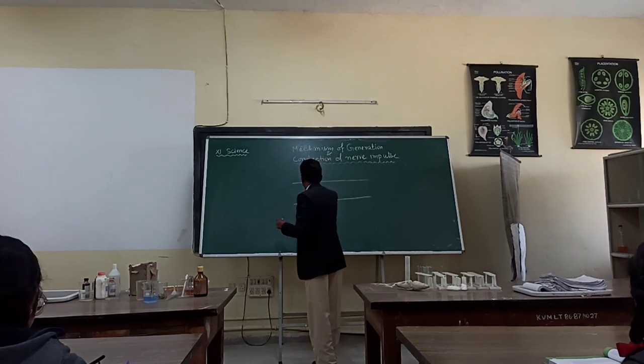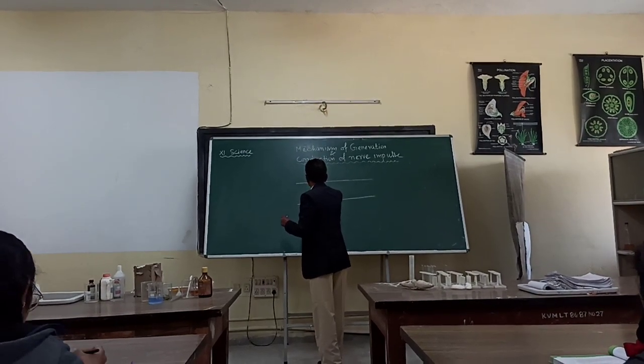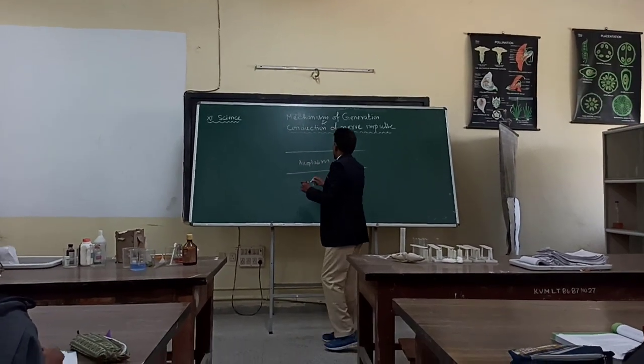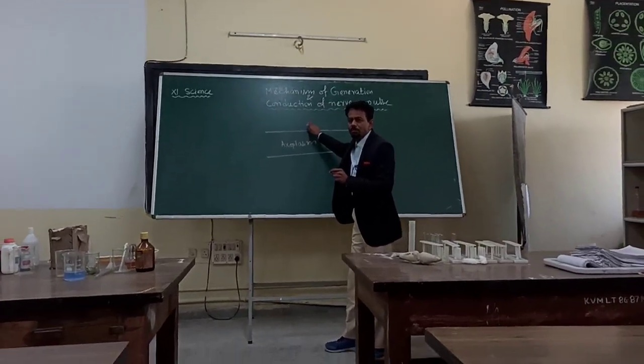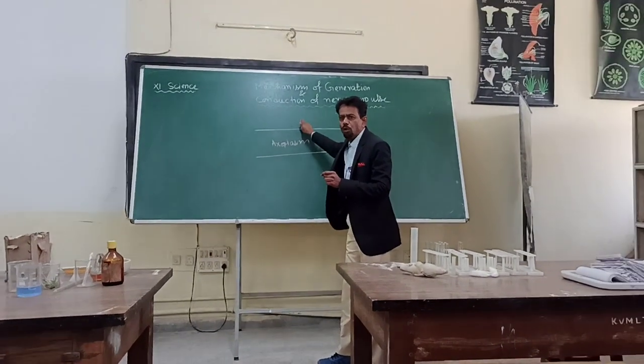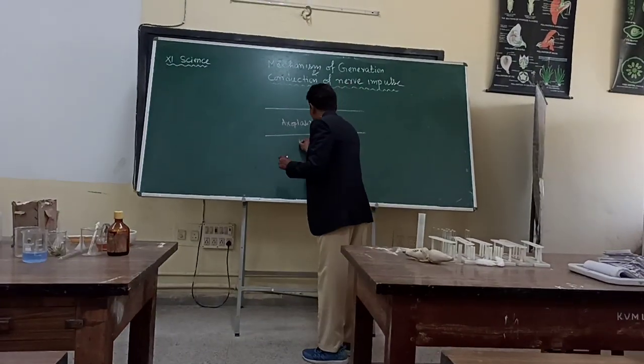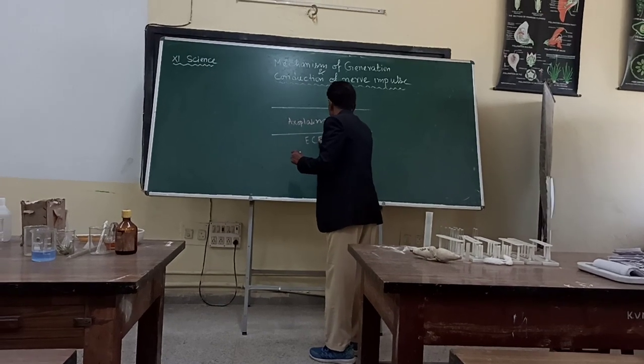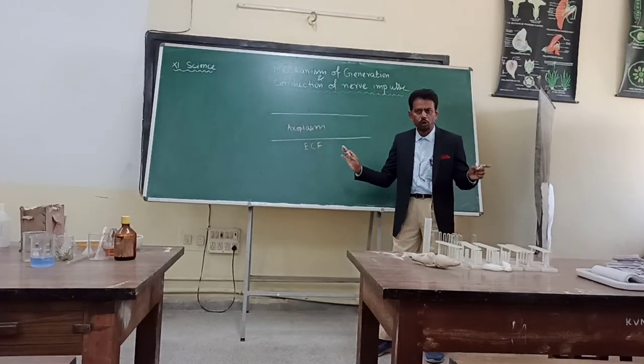So this is axoplasm. And outside it is extracellular fluid. Extracellular fluid. Is it clear to you?